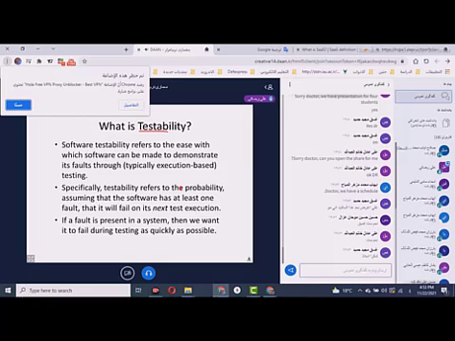We don't want to talk about testing and how we can perform testing, but instead, I'm telling you that if your software has some fault in it, how are these faults going to be identified? How hard is it to find these faults?